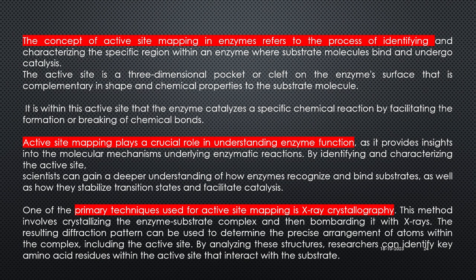Now, active site mapping. Remember, what are its functions? How will you understand the application of active site mapping? Active site mapping plays a crucial role in understanding specific enzyme function, because in a living system you will find a series of reactions where one enzyme forms a product, and that product is also the initial stage for another pathway. So it provides an insight into the molecular mechanism underlying the various enzyme reactions.